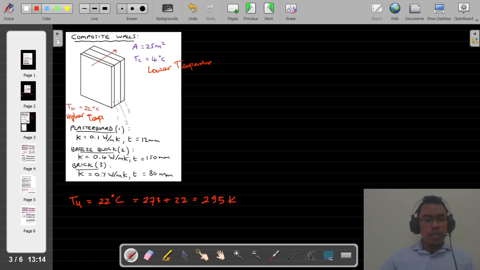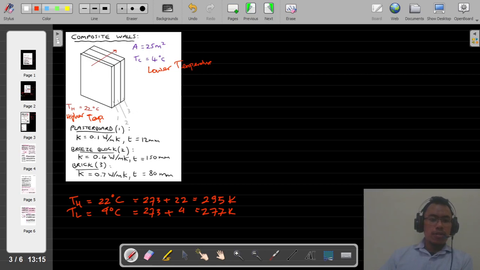And then for the lower temperature we have 4 degrees Celsius, so it will be 277 Kelvin. So this is for the temperature if we convert it to international unit.